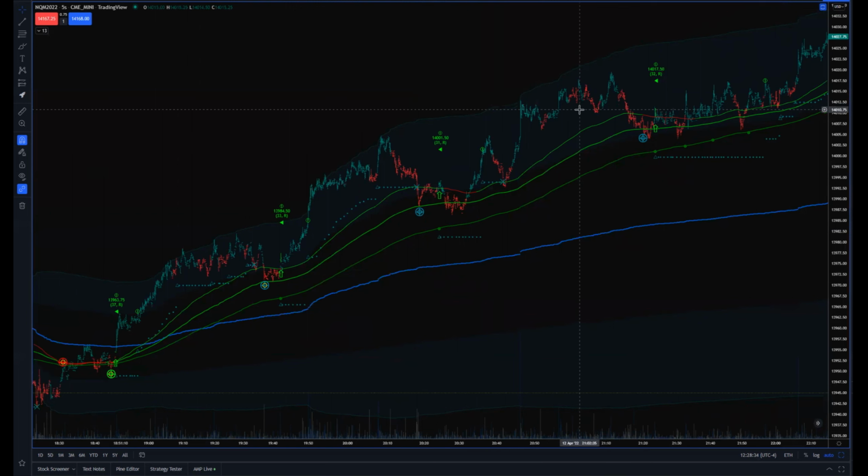8 o'clock is not only a key time because the Tokyo session opens at that time, but it's also when extended hours trading ends for anybody in the United States. You can no longer do any kind of extended executions for stocks only, not for futures, for stocks after 8 o'clock.